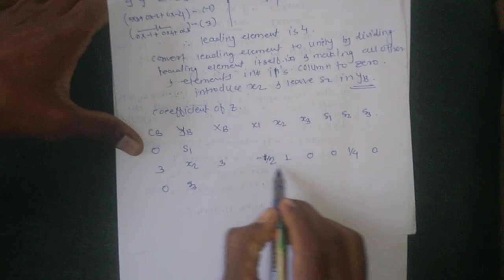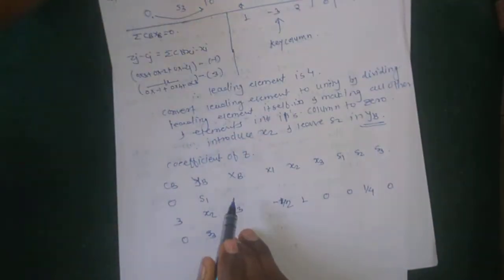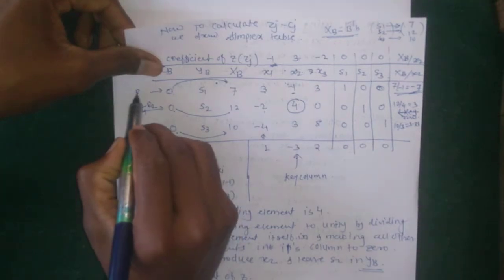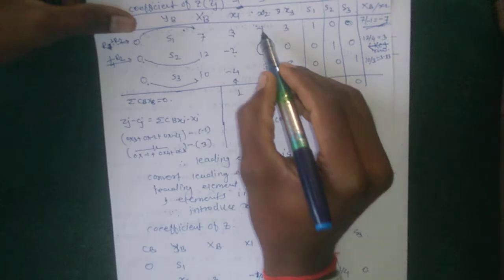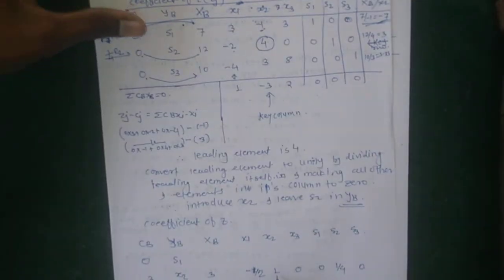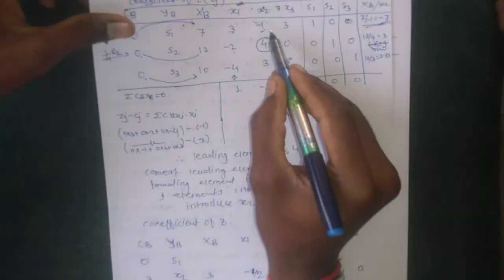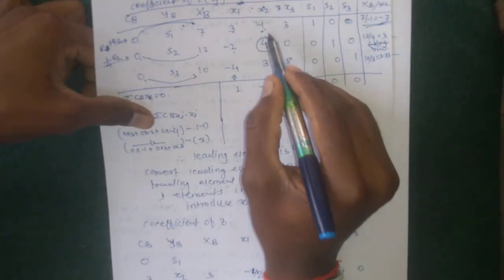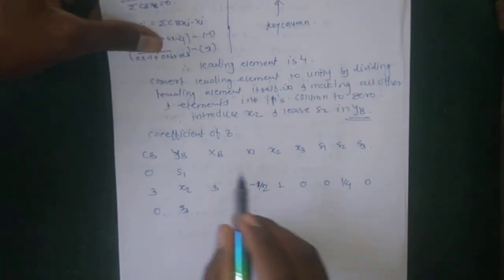So using this row, the operation is R1 plus R2. Because this is minus 1 and this is 1, minus 1 plus 1 we get 0, that is first row plus second row we get an addition 0 in the first row.